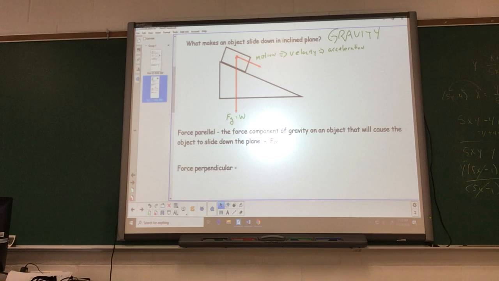The force parallel is a force component of gravity on an object that will cause the object to slide down the plane.